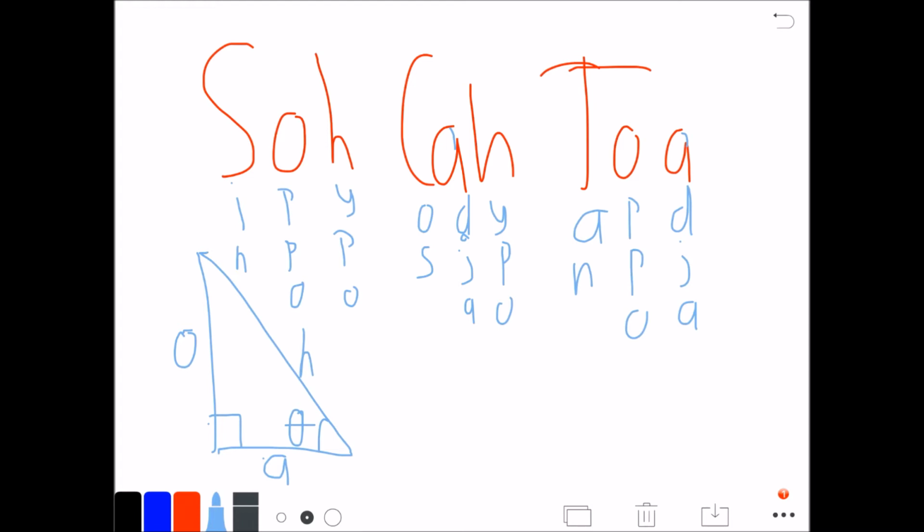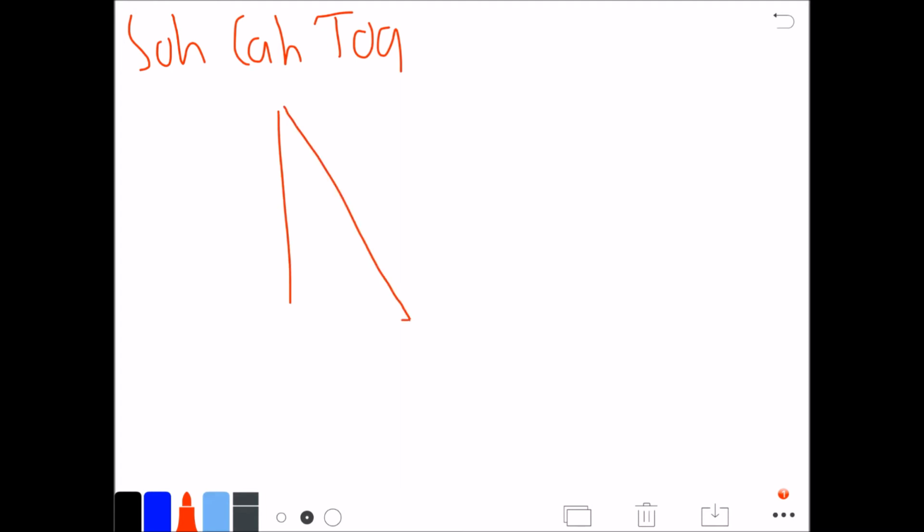So let's clear the board. Alright, Soh Cah Toa up here for reference, but so let's say I have a triangle, right? And this can be angle X, and these values are 3, 4, and 5, right?